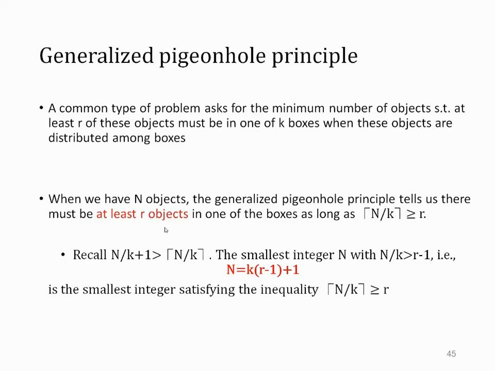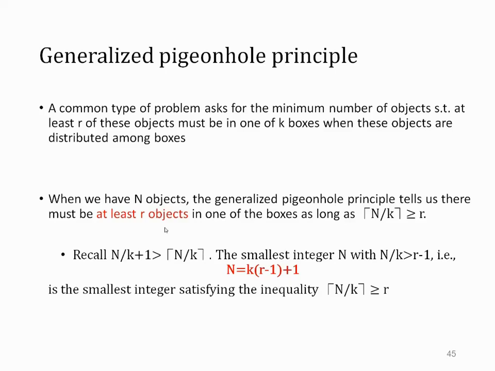So the smallest integer n with n by k greater than r minus 1 is k times (r minus 1) plus 1. This is the smallest integer satisfying the inequality n by k greater than or equal to r. That means when you have n objects, the generalized pigeonhole principle tells us there must be at least r objects. So, for example, you have k slots, and n is the number of objects.